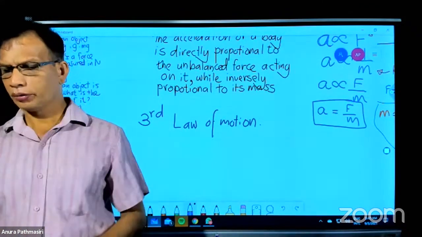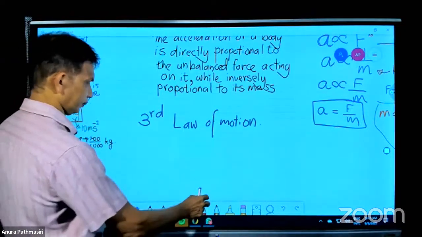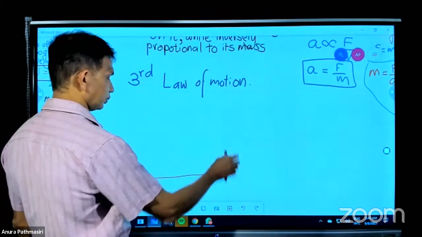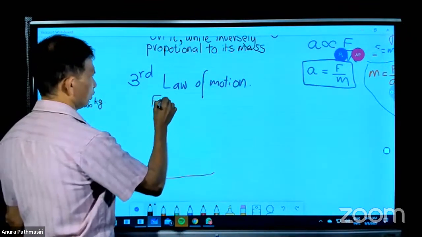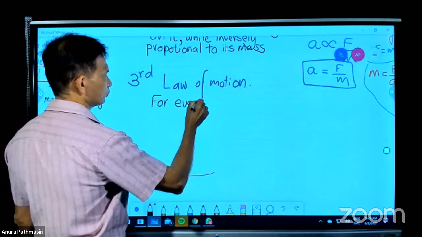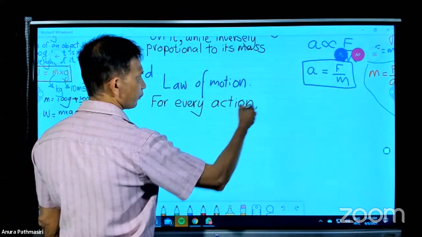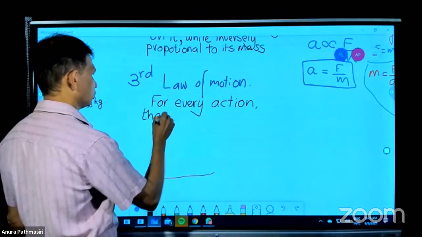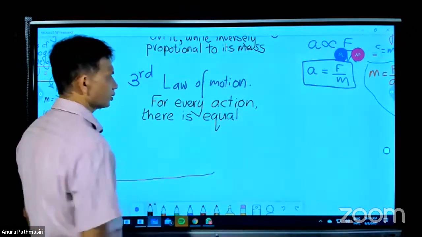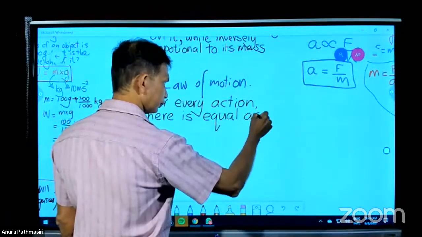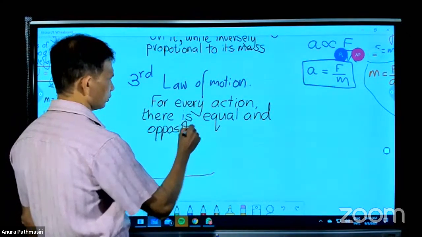Can you read out? For every action, there is an equal, and opposite.